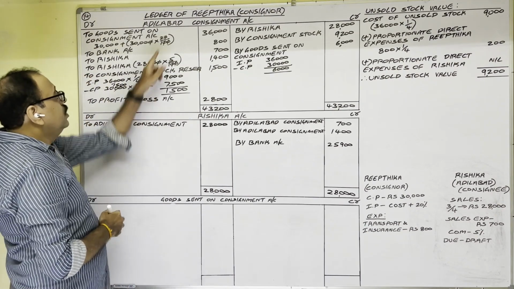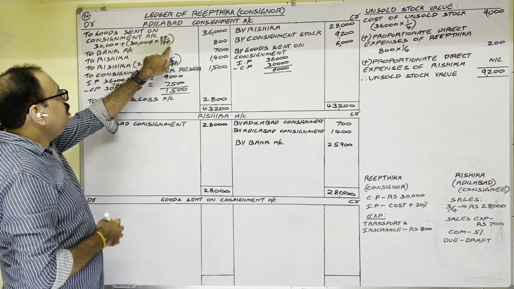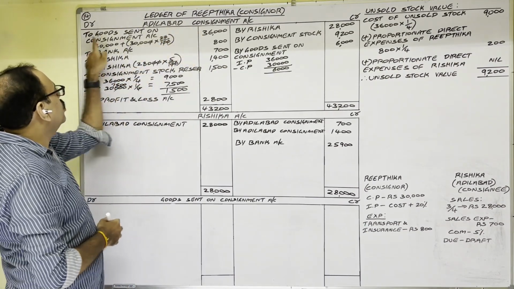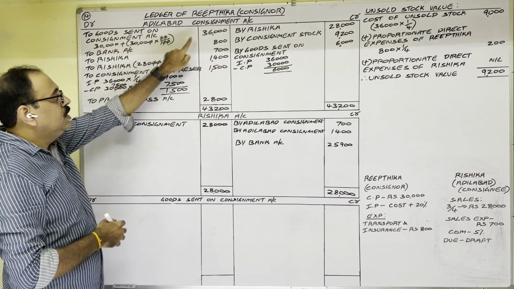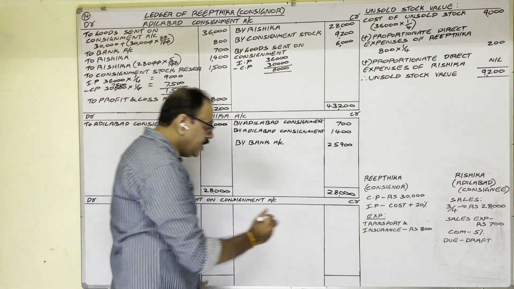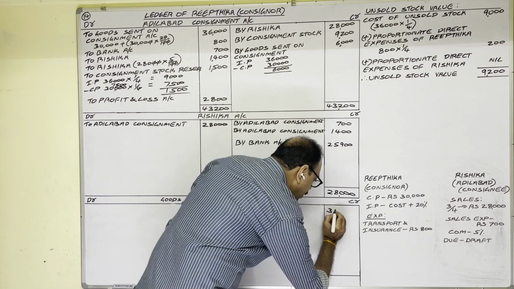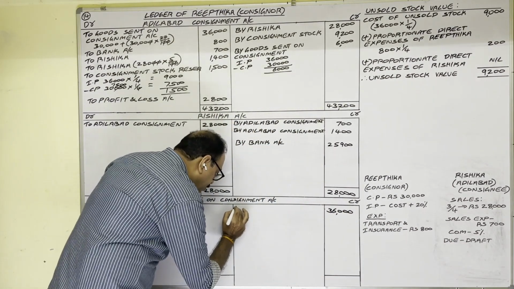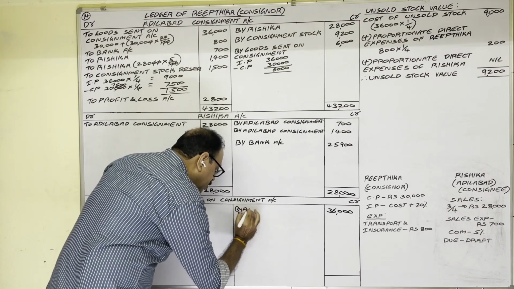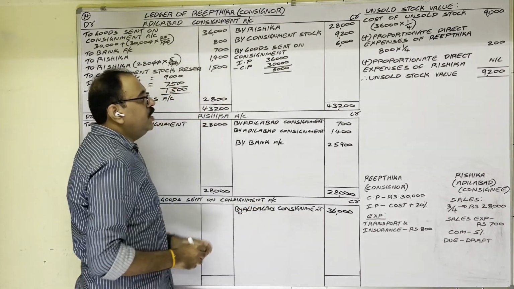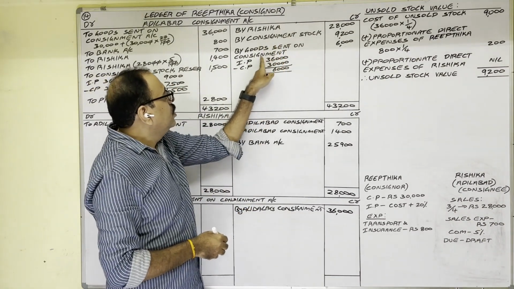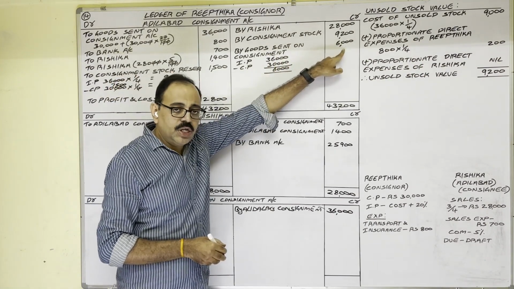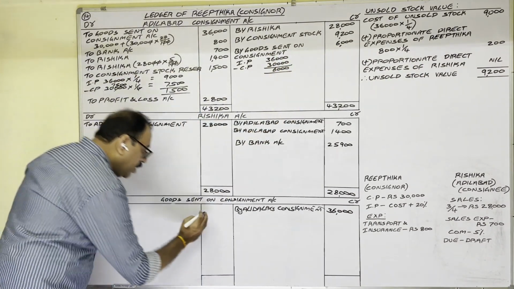Next, come to the goods sent on consignment account. See, in the consignment account debit side, 36,000 goods sent on consignment. This amount show on the credit side. From which account are you taking this 36,000 rupees? From the Adilabad consignment account. So write down that. Similarly, on the credit side, goods sent on consignment 6,000 is there, no? That amount show on the debit side.